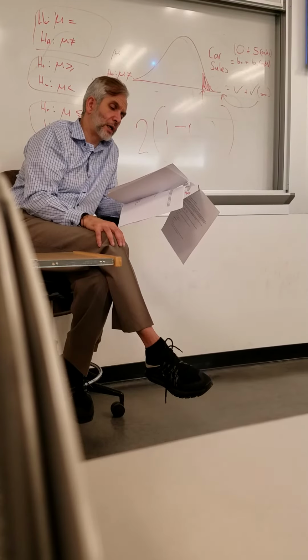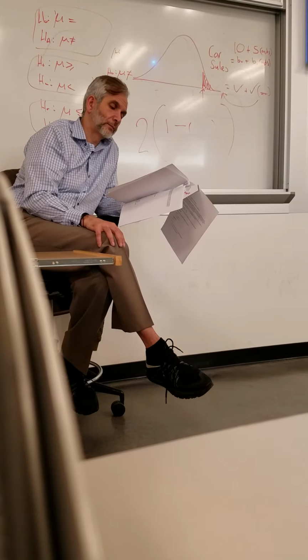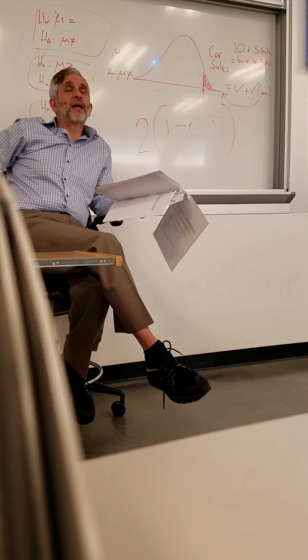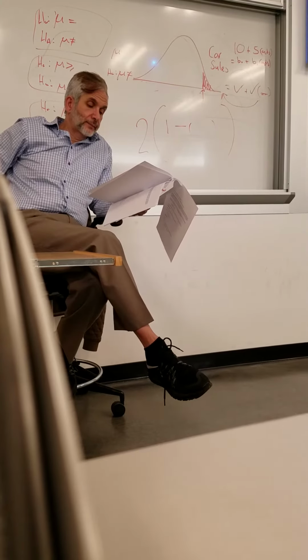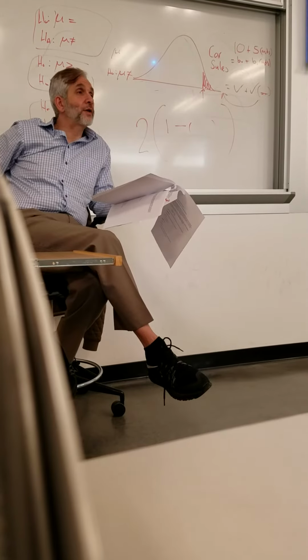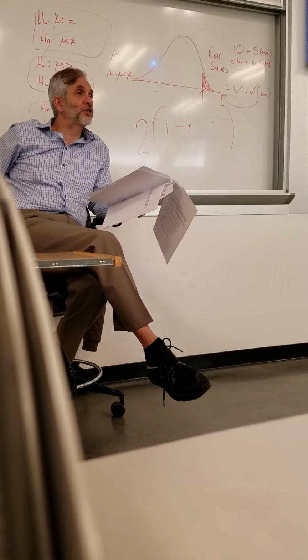moving to ANOVA now. So they give you a scenario, you have to pick out the factor and the factor level. So the factor is normally the main factor that they're talking about, the thing that brings about change.